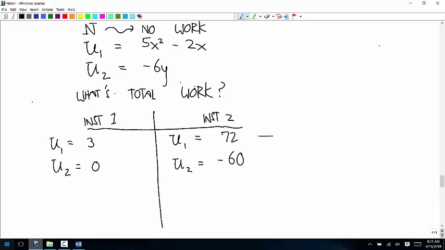And so the change in U1 is 72 minus 3, so 69. The change in U2 is negative 60 minus 0, so negative 60.